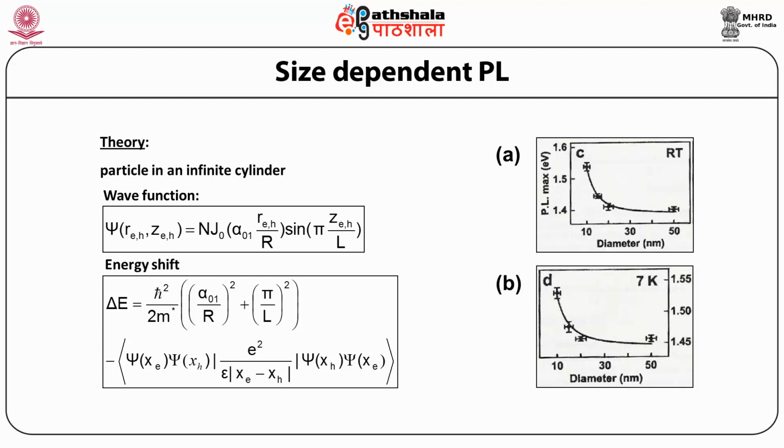This shows the photoluminescence of indium phosphide nanowire as a function of wire diameter, thereby providing direct information on the effective band gap. As the wire diameter of indium phosphide nanowire is decreased so that it becomes smaller than the bulk exciton diameter of 19 nanometer, the quantum confinement effect sets in and the band gap is increased.